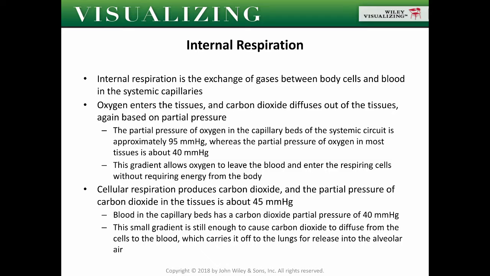Cellular respiration produces carbon dioxide. When we talk about cellular respiration, it's not the exchange of gases, but rather the formation of ATP, which is the energy unit of living organisms. Cellular respiration is basically a chemical reaction where glucose is metabolized, undergoing glycolysis and then the Krebs cycle, where it becomes carbon dioxide.